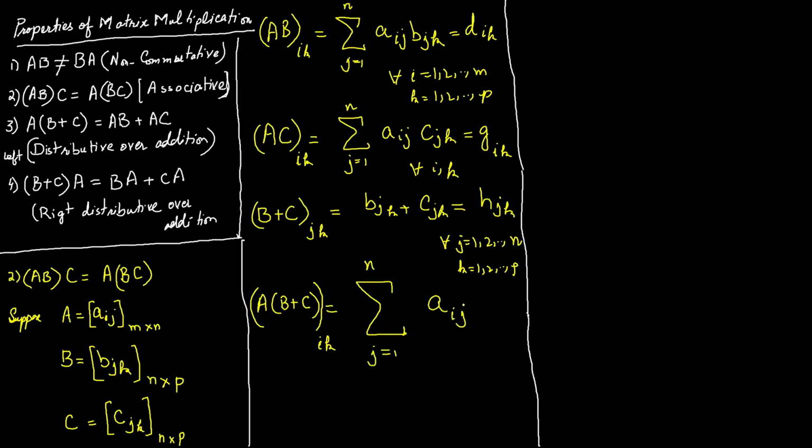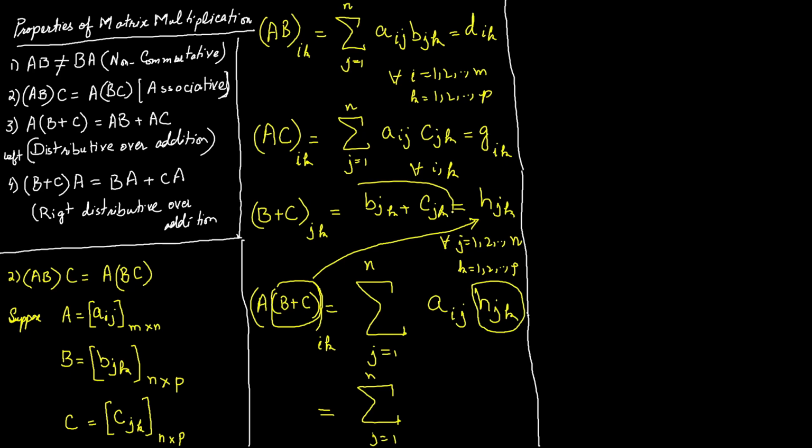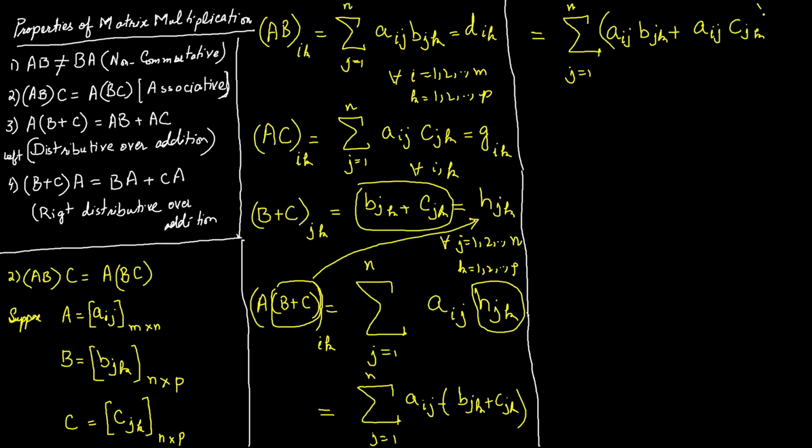It is equal to the summation j is from 1 to n a_ij h_jk. Replace h_jk with b_jk plus c_jk. Now using the distributive property of multiplication over addition for the elements of the field, we can arrange the elements a, b and c like this.